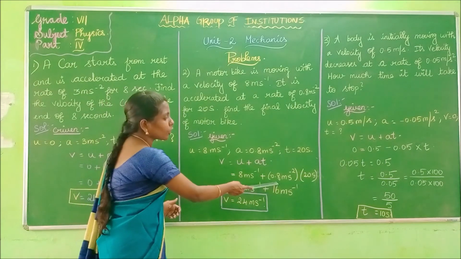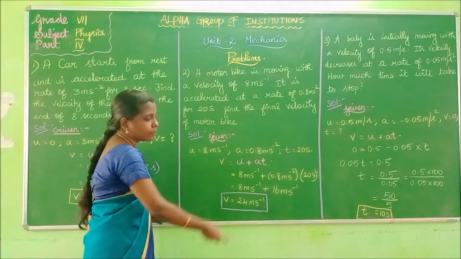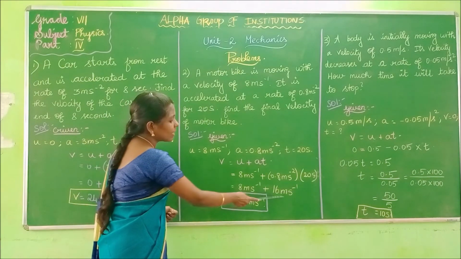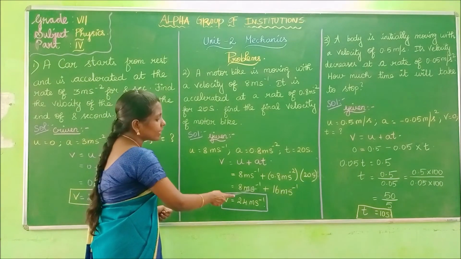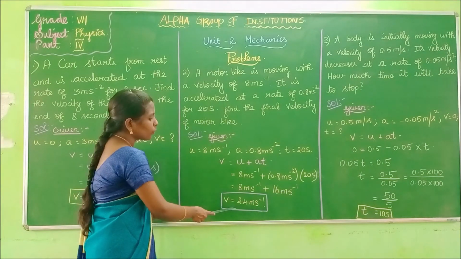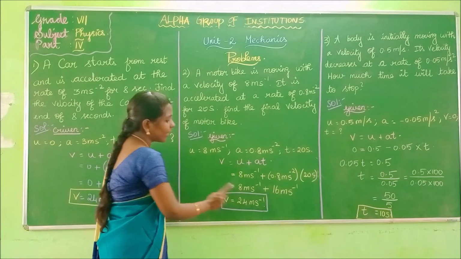If you multiply 0.8 and 20, the answer will be 16 m/s. So 8 plus 16 is 24 m/s.